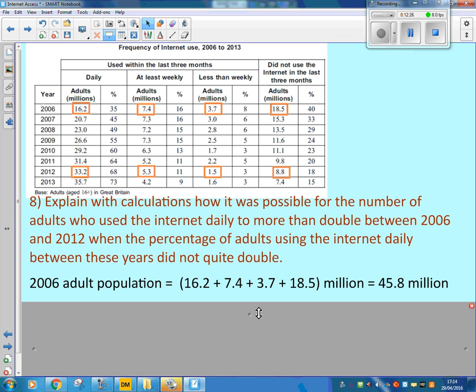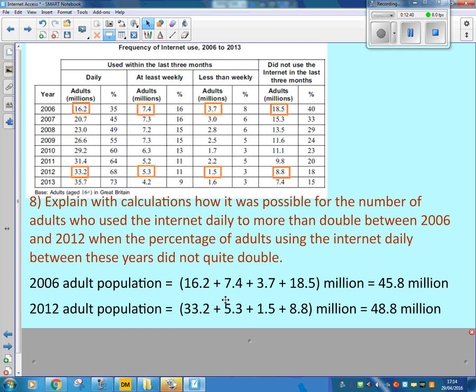So in the first year, the 2006 adult population, 16.2, 7.4, 3.7, 18.5 million, came to 45.8 million. But in 2012, it was 33.2, 5.3, 1.5 and 8.8 million. That comes to 48.8 million. It's more.